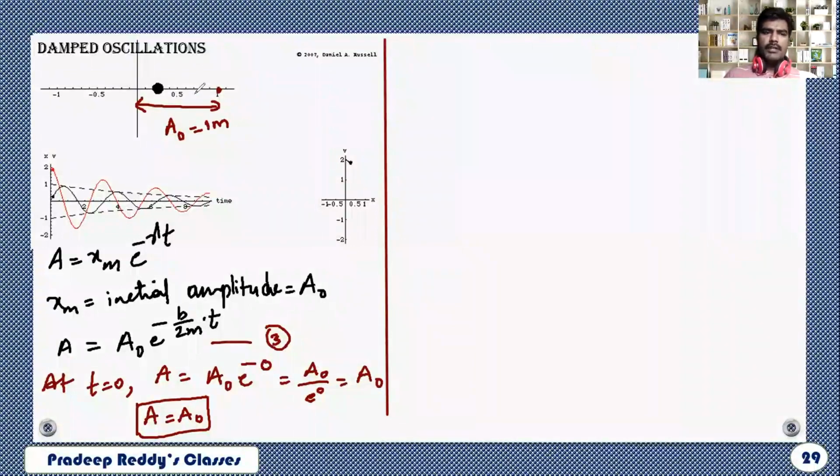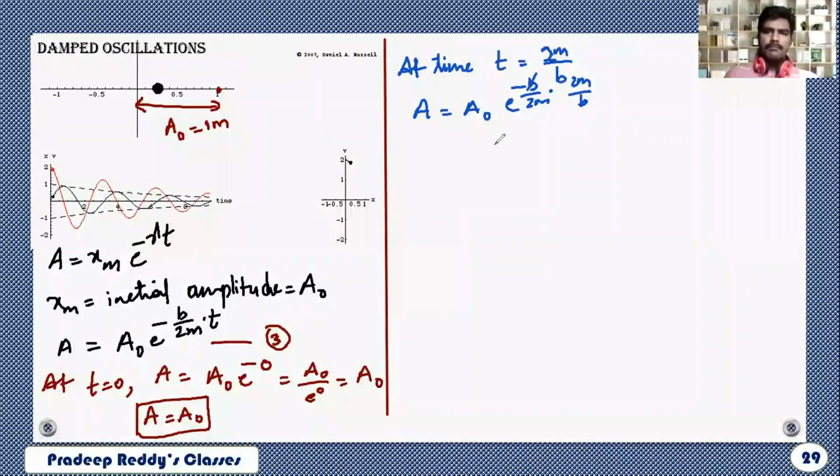Slowly with respect to time, what is happening? Amplitude is decreasing with respect to time. So as time t increases, what happens to this a naught? A naught will be increased. Sorry, a naught will be decreased. So I can just write it as, at time t is equal to 2m divided by b, I can write A is equal to a naught e power minus b by 2m into 2m divided by b.